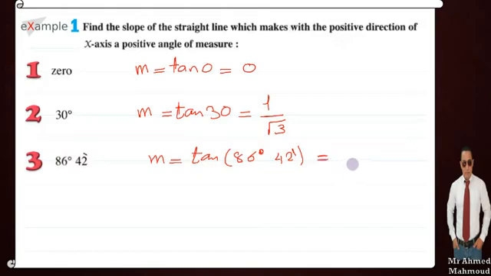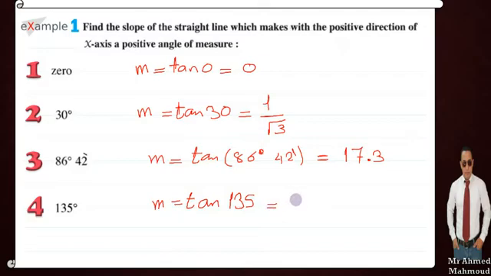It equals 17.3. Number 4, theta equals 135, then m equals tan 135, which equals negative 1. Now let's study another example, and in the next example I will conclude many rules.